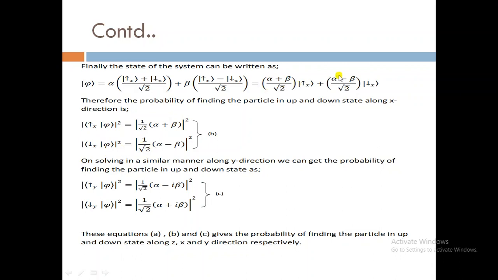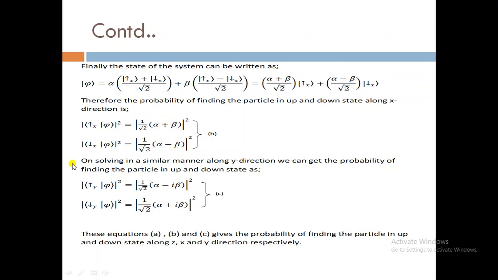So on doing this, we will get |(α − β)/√2|², and we write the absolute square because if that is complex, we have to multiply by the complex conjugate, okay. That's why we have to write this term.